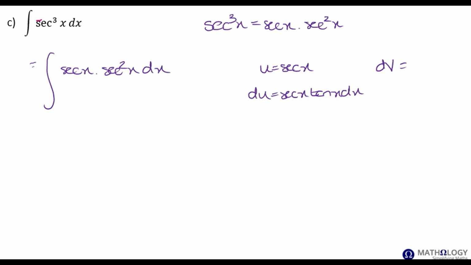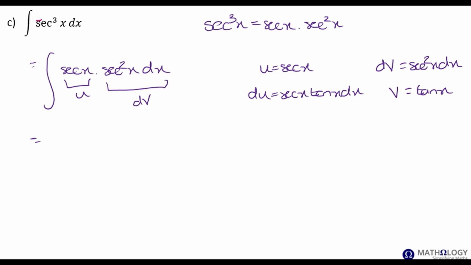dv is the rest of the integral, which is sec squared x dx. Sec x is u, so dv is sec squared x dx. And integrating sec squared x gives us tan x.